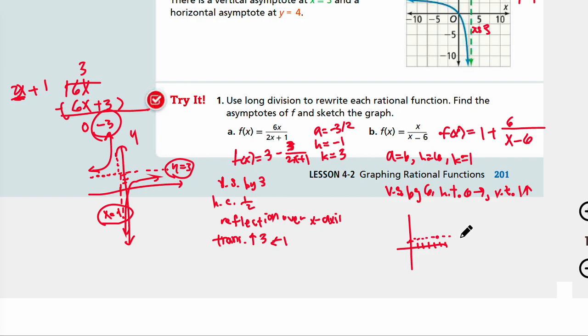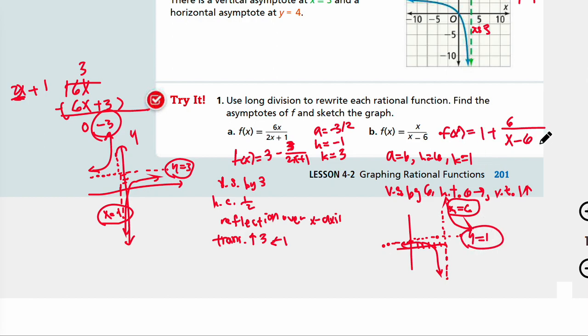So we have a horizontal asymptote at y equals 1 and a vertical asymptote at x equals 6. Our graph should be like this, but then we have a vertical stretch by 6, so it's steeper, like that. So the vertical asymptote is x equals 6, and the horizontal asymptote is y equals 1.